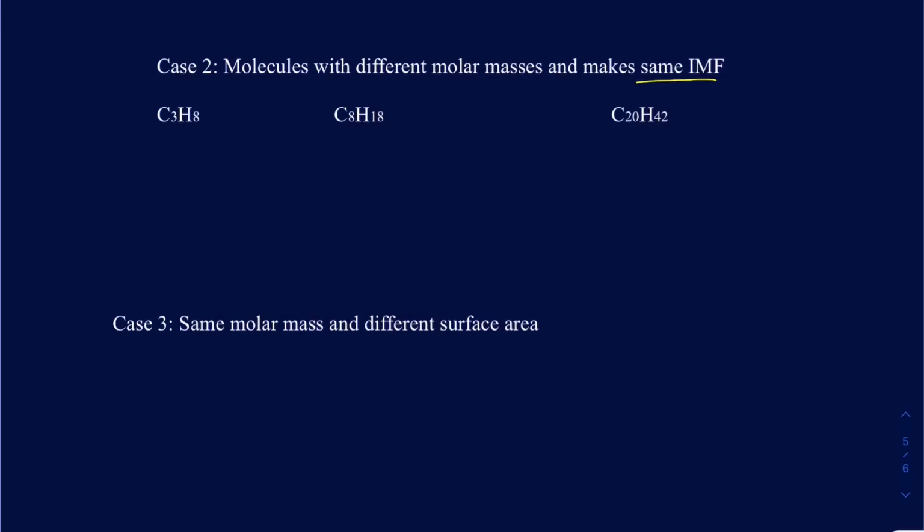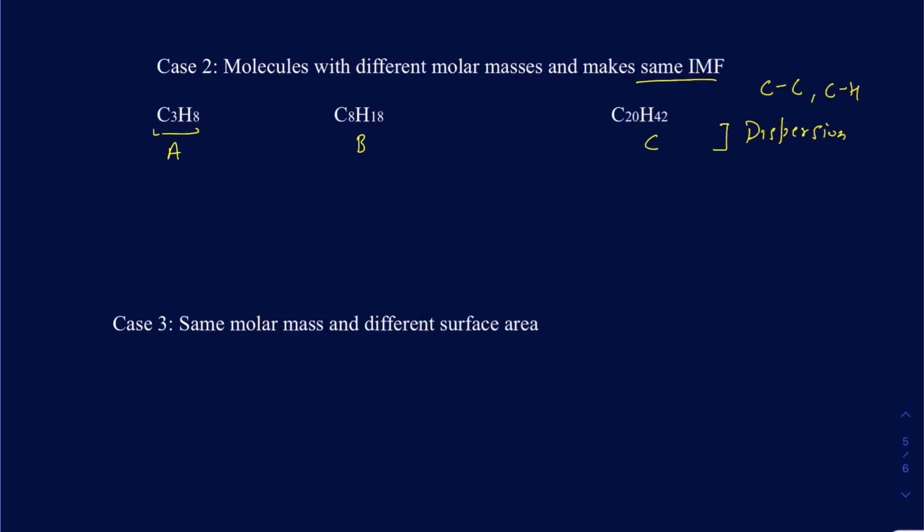That's because in every single case here, let's call this A, call this B, call this C, they're all going to be making dispersion forces, because all you really have is a carbon-carbon bond or a carbon-hydrogen bond. And both of those bonds are nonpolar, and if you have only nonpolar bonds, it's just going to be dispersion forces.